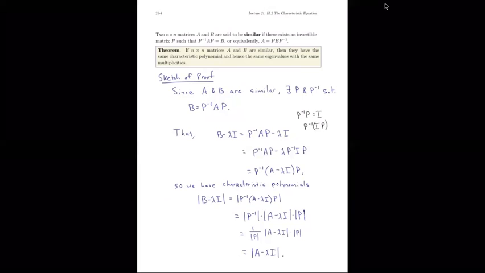But remember, the identity matrix times another matrix is just equal to that matrix. So maybe I'll move this around and write this in this form.